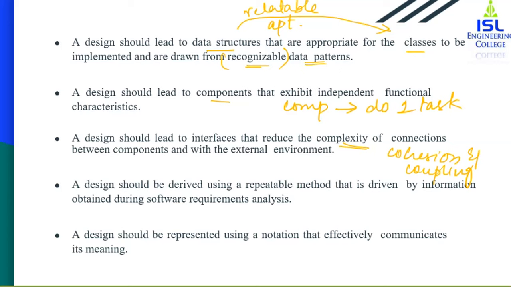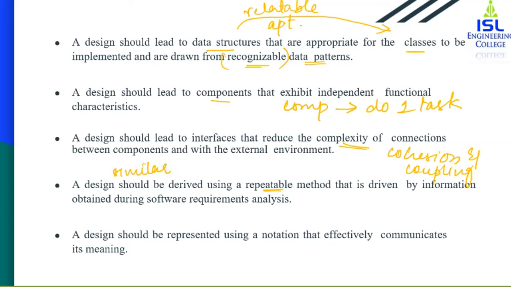The next is, a design should be derived using a repeatable method that is driven by information obtained from software requirement analysis. Whenever you're making a design, it is going to be similar to some specific architecture or some specific software that was already designed.